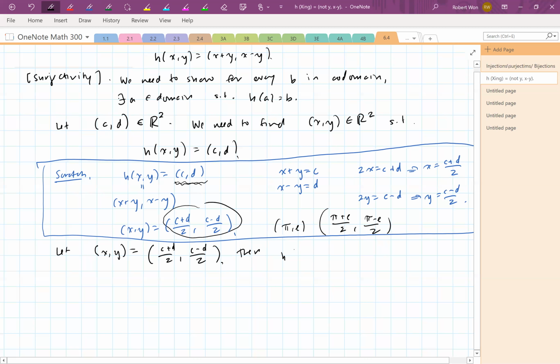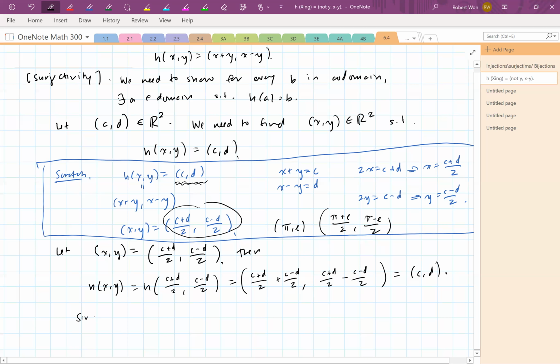Then h(x, y) is equal to h of ((c plus d) over 2, (c minus d) over 2), which is equal to these two things added together, comma, these two things subtracted from each other, which is equal to (c, d). And now, since (c, d) was an arbitrary element, this shows that h is surjective.